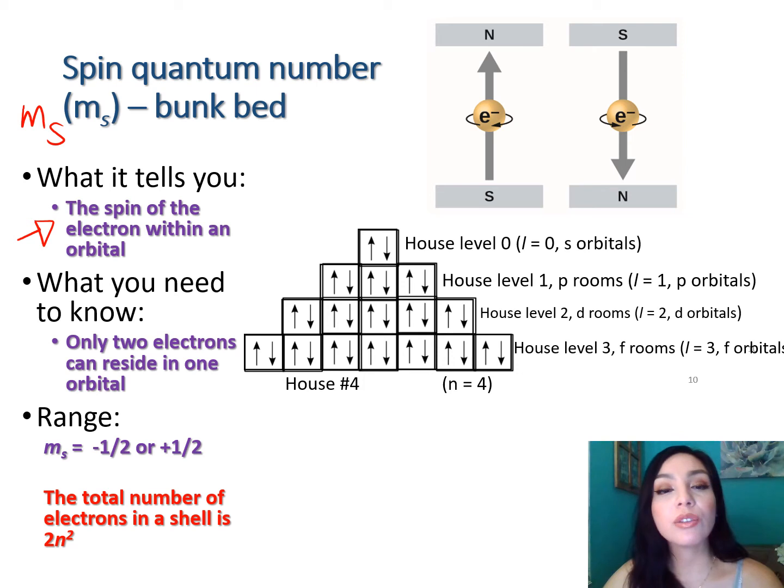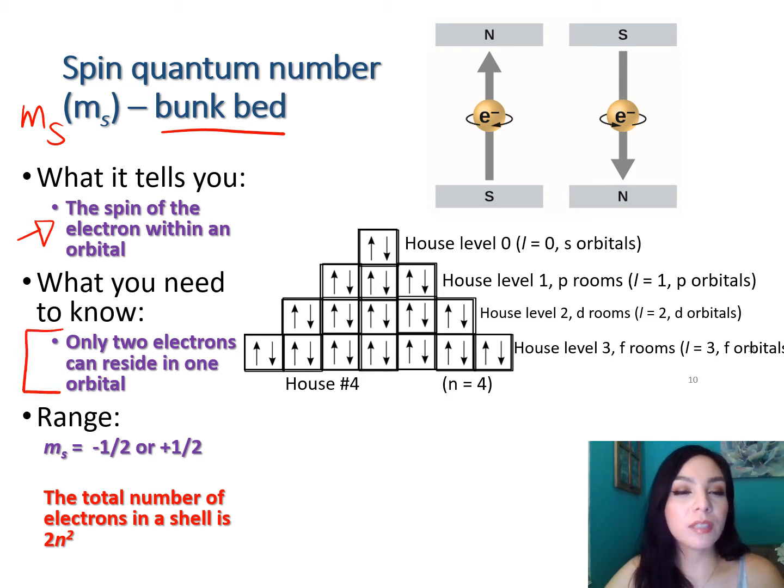Only 2 electrons can fit within an orbital. So any orbital, whatever it is, if it's a 3f, a 2p, a 4f, a 3d, it doesn't matter what it is, any orbital can only fit 2 electrons maximum. And that's because it only has a bunk bed. So how are you going to fit more people in there if you only have 2 beds, right?